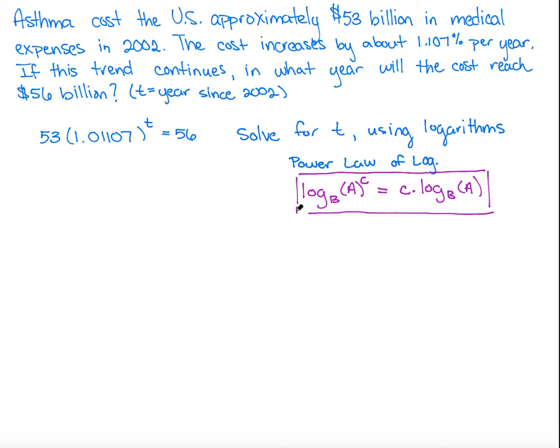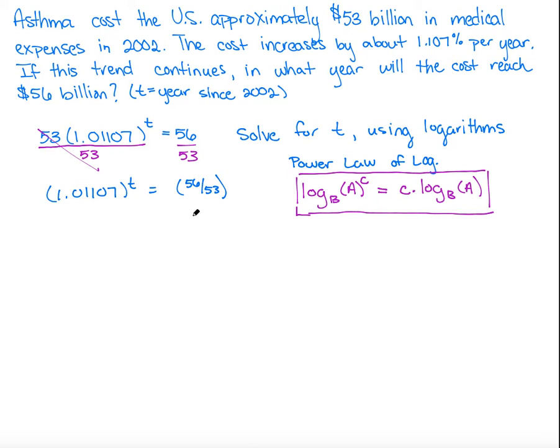So going back to this problem, if we remember from what we did last time, we want to isolate t, and we first want to get the exponential term, 1.01107 to the t, by itself on the left-hand side. To do this, we're going to divide both sides by 53. That cancels out, leaving us with 1.01107 to the t is equal to the fraction 56/53.